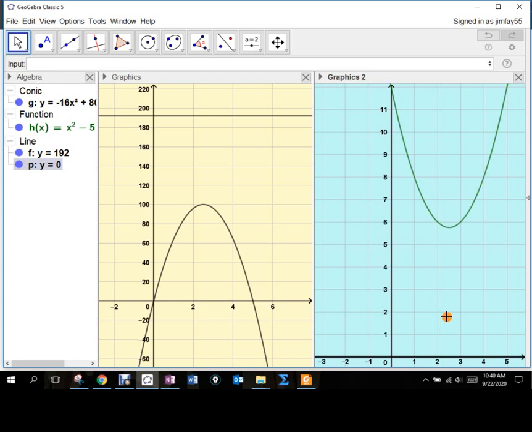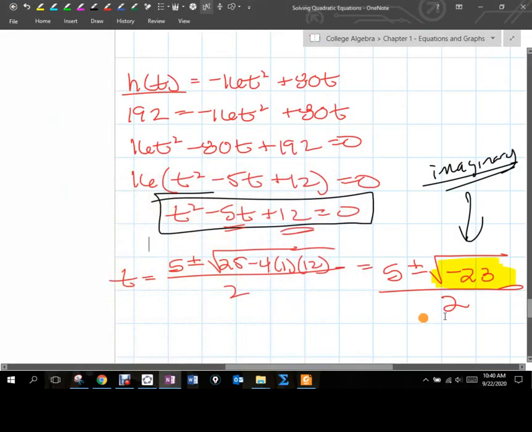But what we know is, as long as we balance the equation, do one thing to both sides, the solutions that exist for this problem are inside the solutions for this. Does that make sense? Okay. So because this one provided imaginary solutions, this one is imaginary solutions, meaning we do not cross at 192. Does that kind of make sense, the algebraic approach?